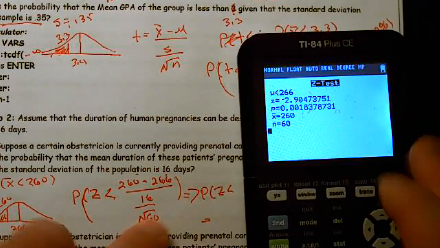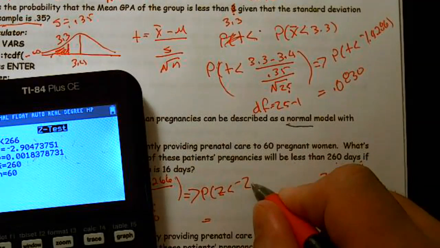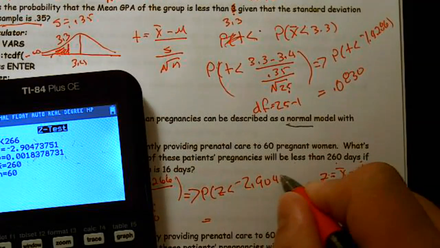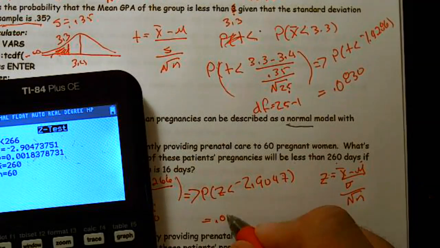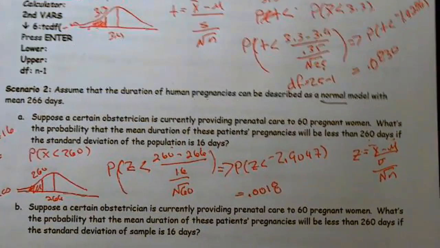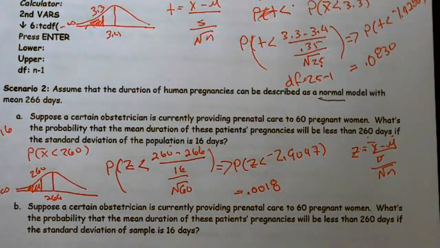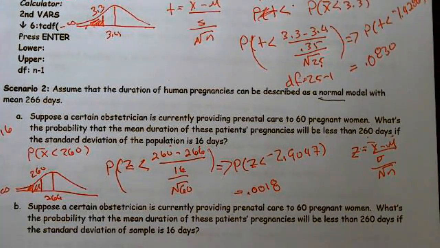I calculate, I end up getting the probability that Z is less than negative 2.9047 equals 0.0018. So the chance of 60 women having an average gestational period of less than 260 days is pretty small, less than 1%.